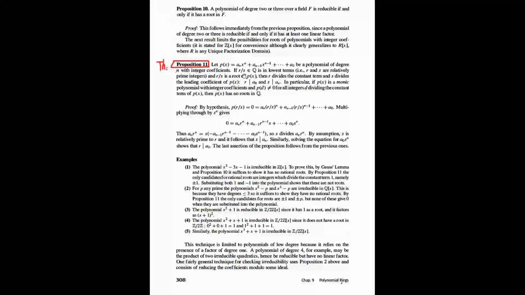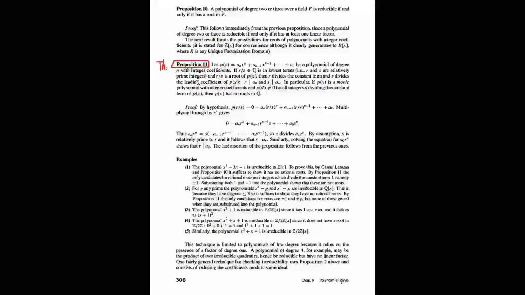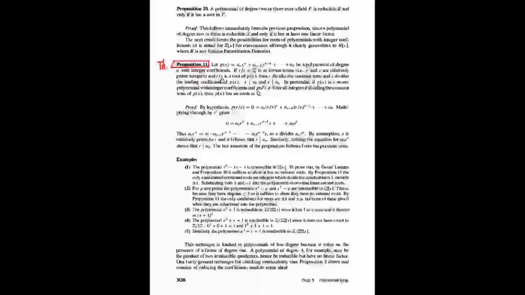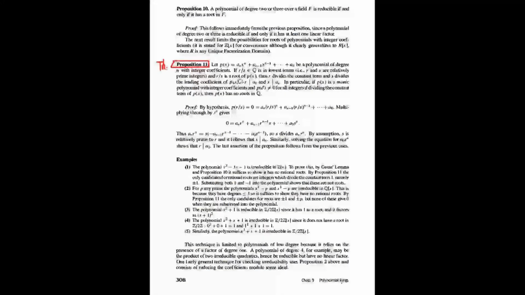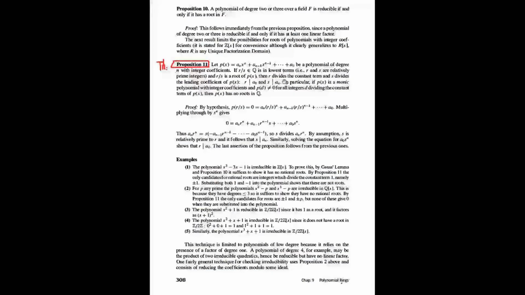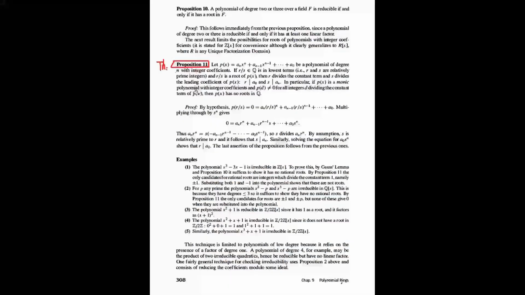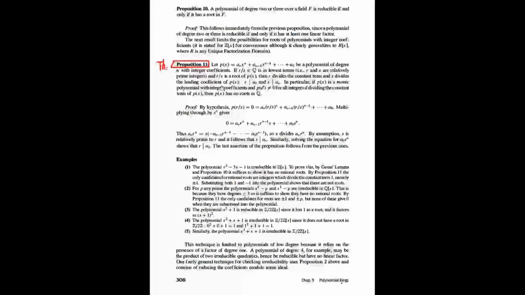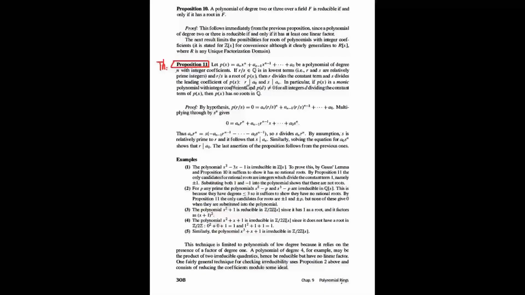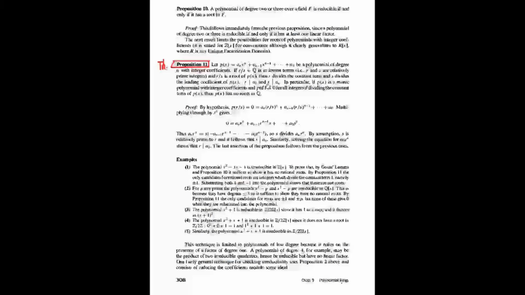If r/s is a rational number with r and s relatively prime integers, and r/s is a root of P(x), then r divides the constant term and s divides the leading coefficient of P(x). This is, r divides a0 and s divides an.